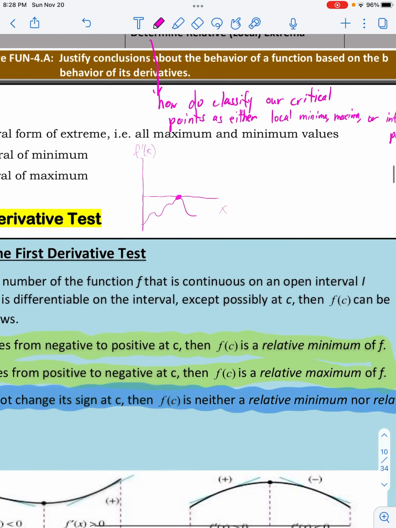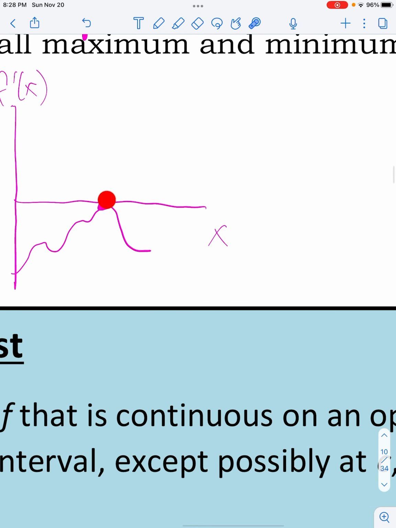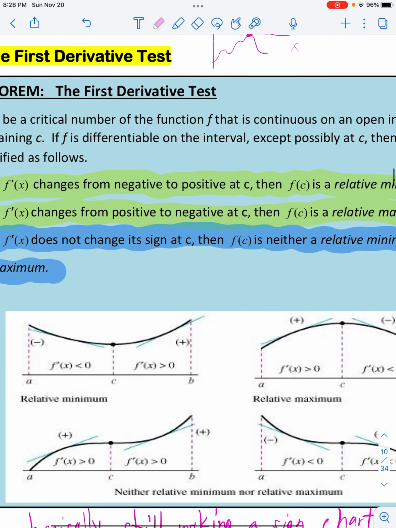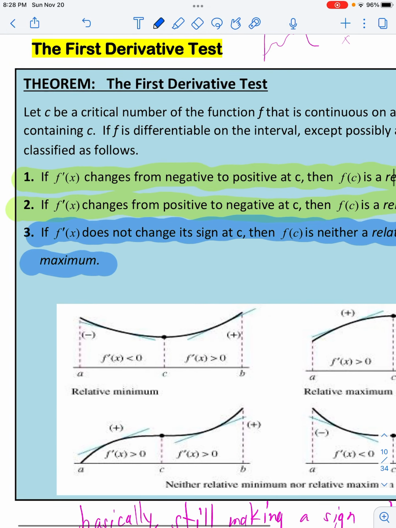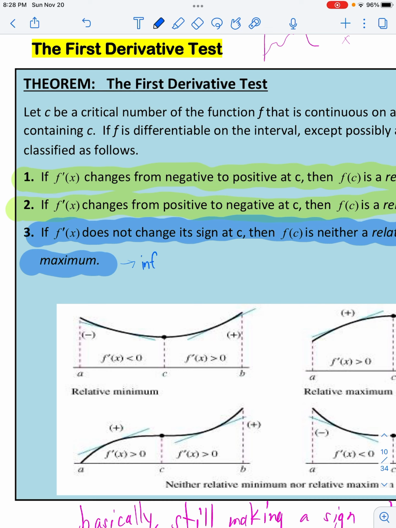Then that's a critical point where f prime of x equals 0. It equals 0 here, but it never changes sign. It never goes from negative to positive. It just goes negative, hits 0, then becomes negative again. So it doesn't change sign. If that happens, we call this an inflection point of f.